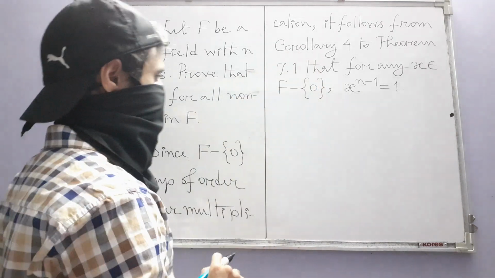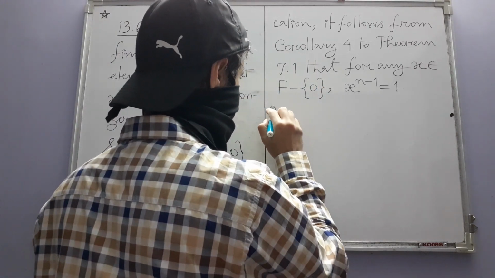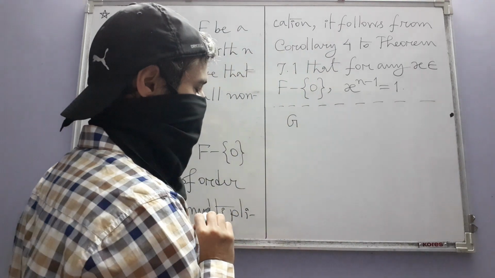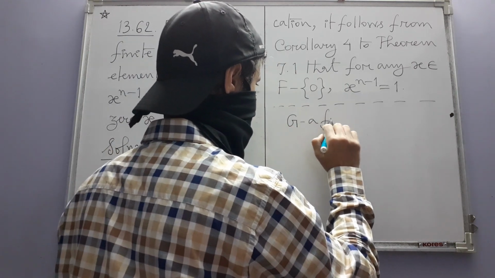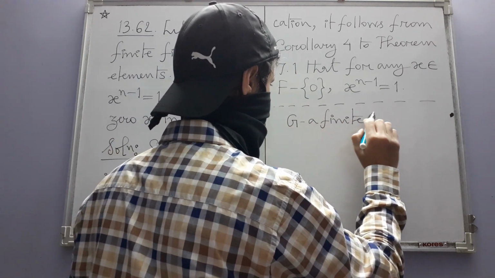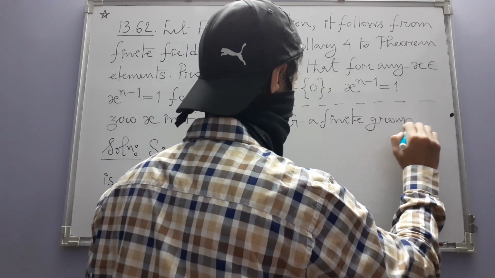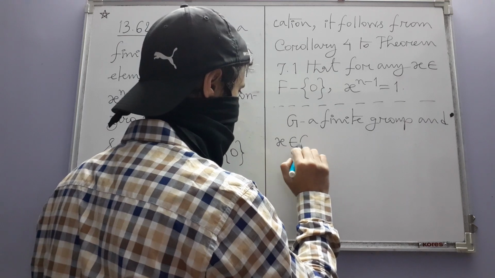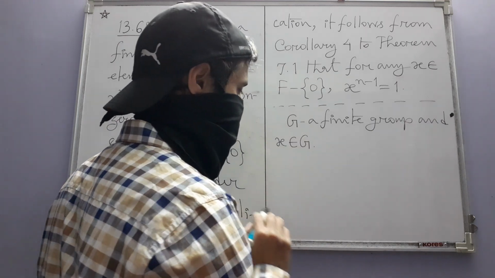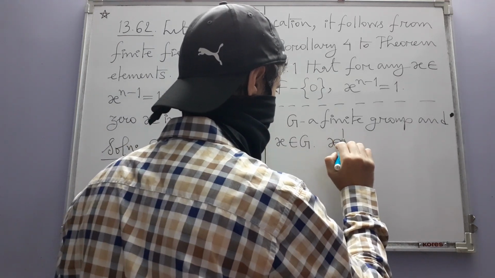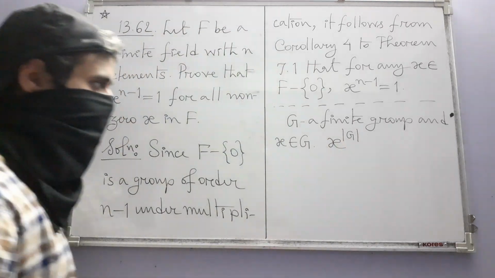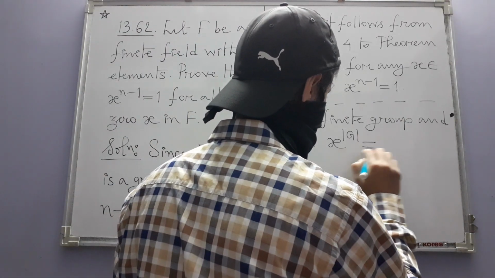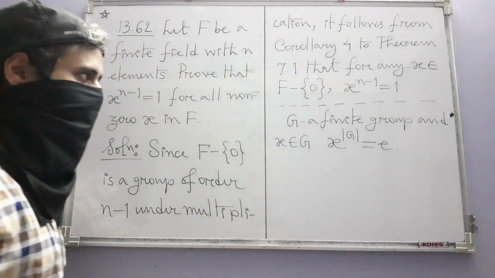So what this corollary says is this: if G is a finite group, and x is an element in G, then this power of x, where the exponent is the order of G, is equal to the identity element of the group.